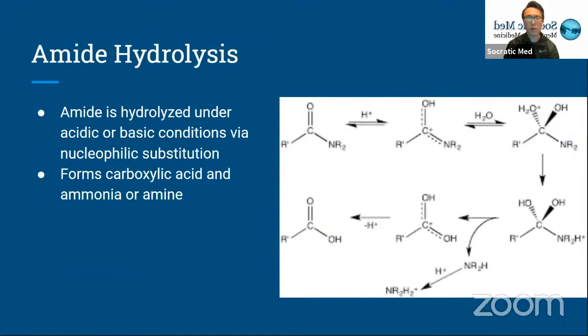And next I'm going to go into amide hydrolysis. This is when you cut an amide group into the original carboxylic acid and ammonia or amine group. The amide can be hydrolyzed under acidic or basic conditions, and this is done via nucleophilic substitution.